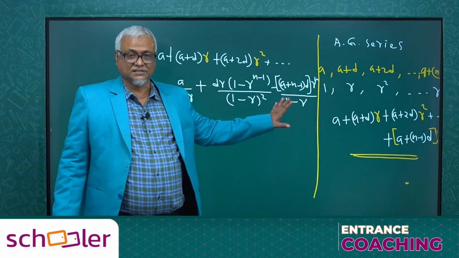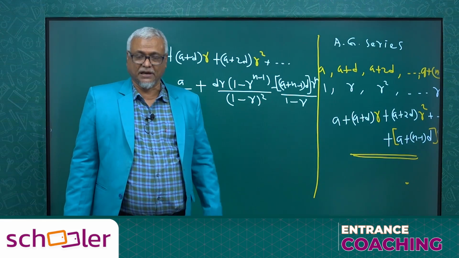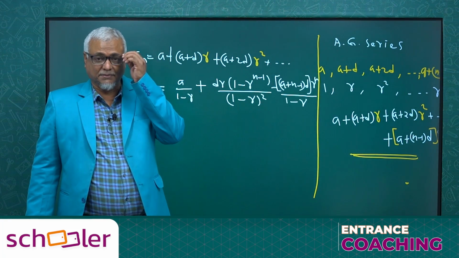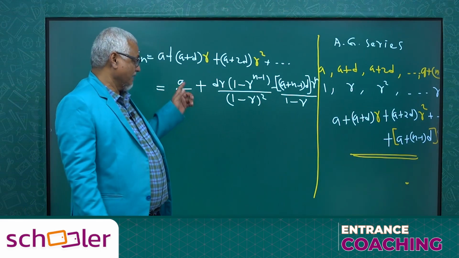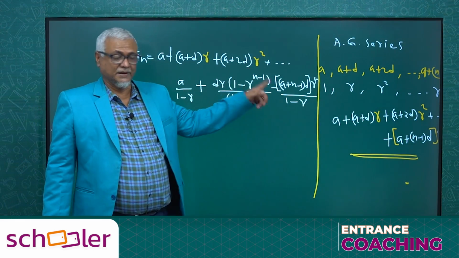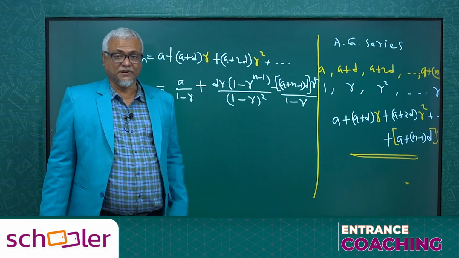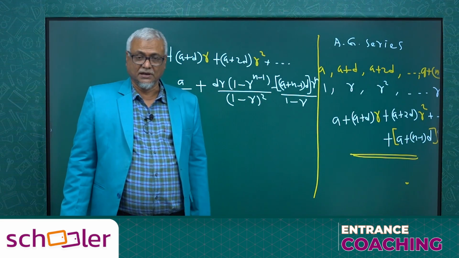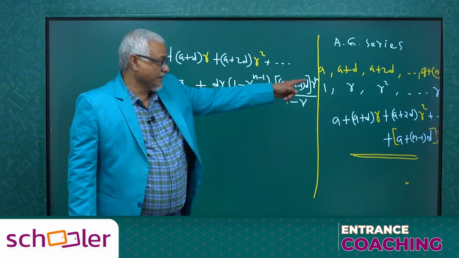If possible, you can study this; it may help a lot in problems like find the sum to n terms of an AG series: a by 1 minus r, dr into 1 minus r raised to n minus 1 by 1 minus r whole square, minus a plus n minus 1 into d r raised to n divided by 1 minus r.